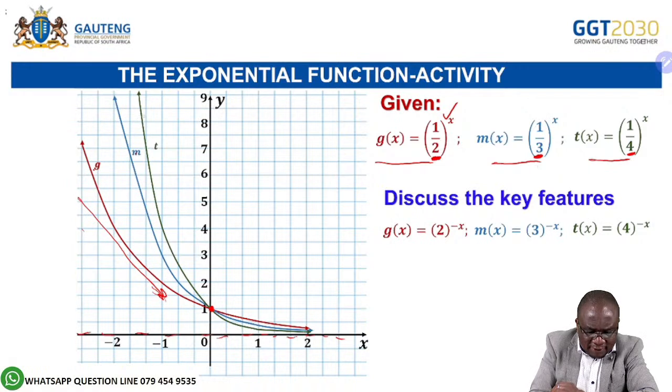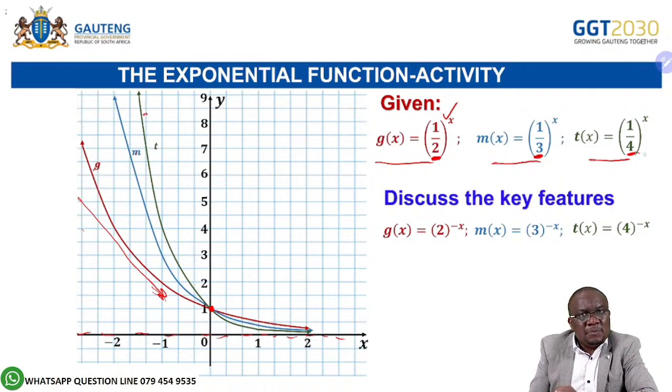You see the green graph, t of x, is 1/4, which is the smallest, followed by m of x, the blue graph, and then 1/3, followed by g of x. So when it's a fraction, it seems like if b decreases, then the graph becomes steep.